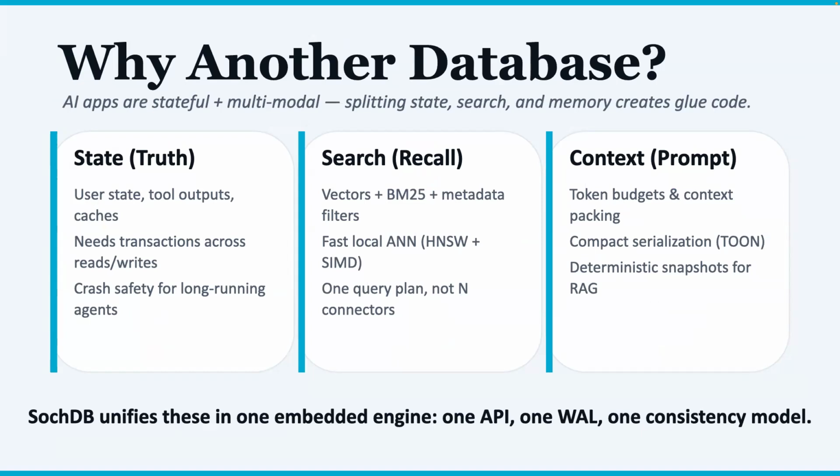So the next thing is, when we design, these are the three concepts which you will be mostly using in your AI journey, in an AI application like an agent or a RAG application: stateful, search, and the context. What is state? You will be having multiple agents running, right?